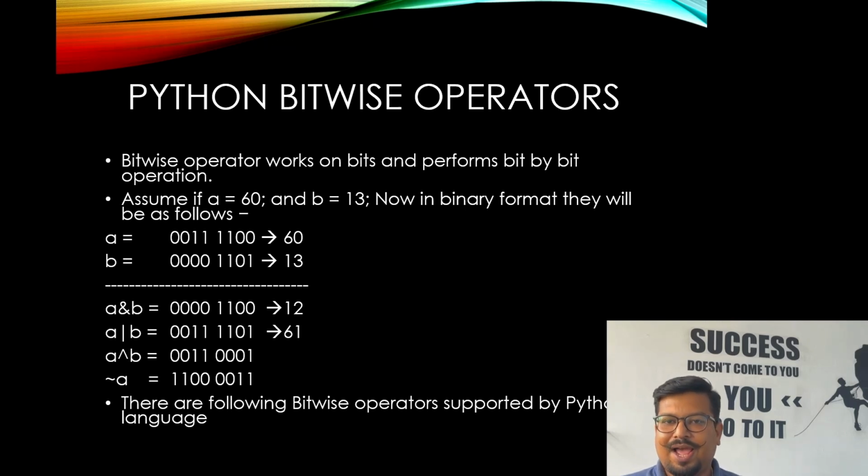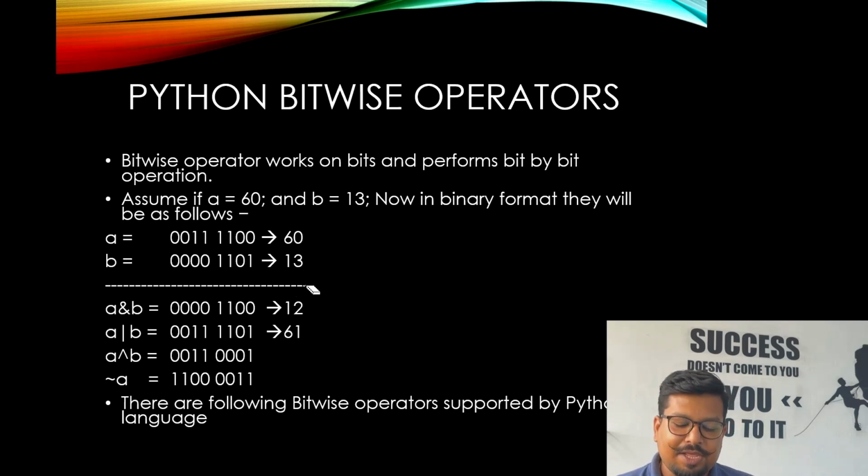Similar to that, you can have a look at the screen over here, and you can see that if I do 60 and 13, I am going to get a value as 12, because if I do a conversion, 0 and 0, false and false, false, 1 and 0, that is nothing but true and false, false. Only true and true are going to give you the value true. So if you just convert this binary to a decimal, I am going to get the value 12.